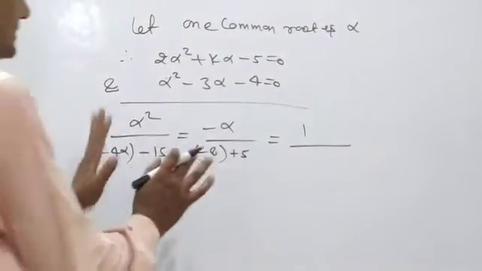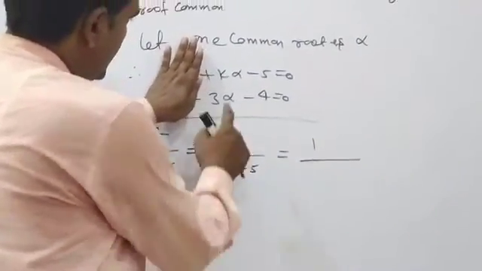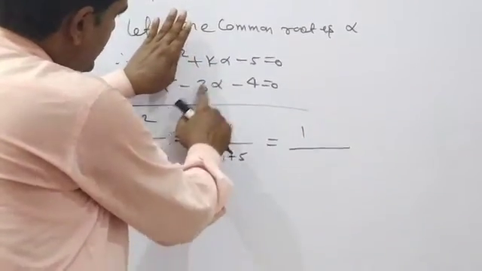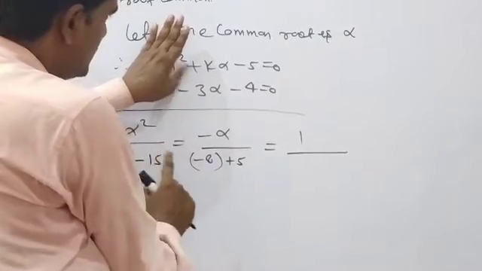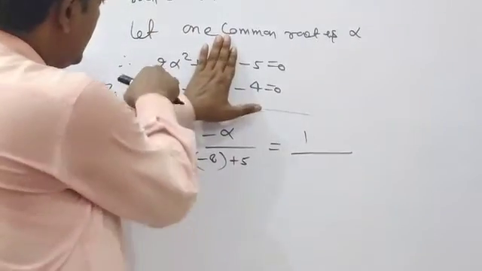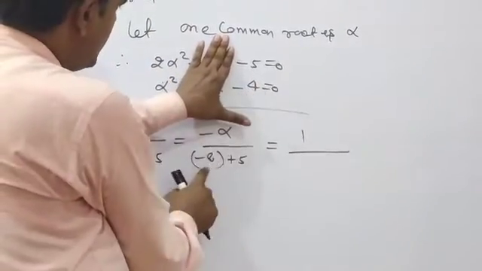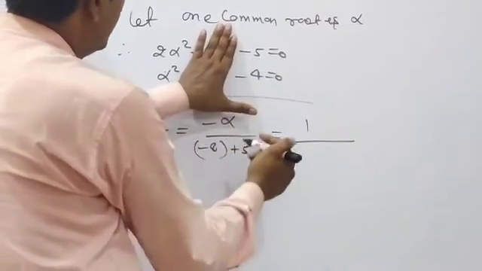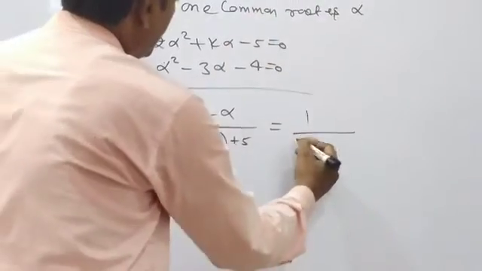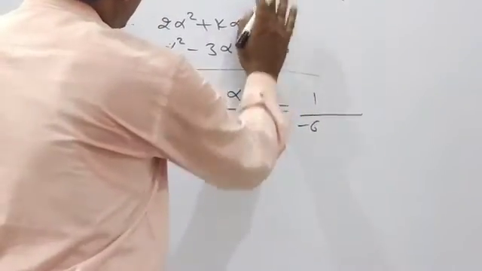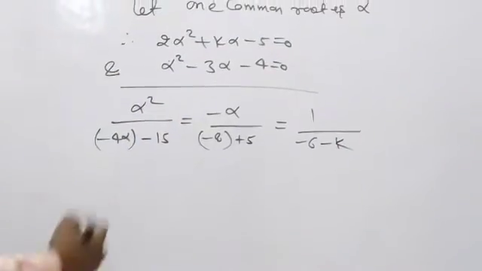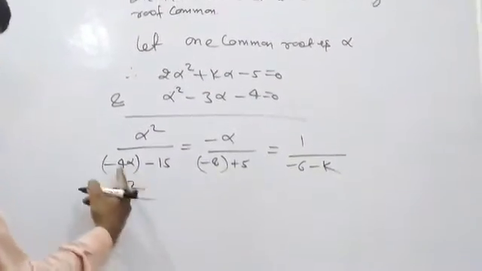Understood? Once more: alpha square, k into minus 4 alpha, and 15 here. Then 2 into minus 4 means minus 8, and 1 into minus alpha means plus alpha. And after that minus 6 here, and minus k here.